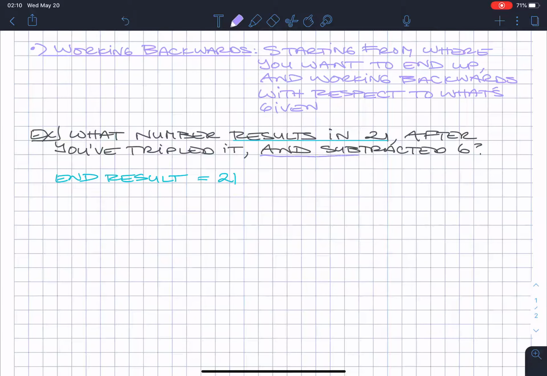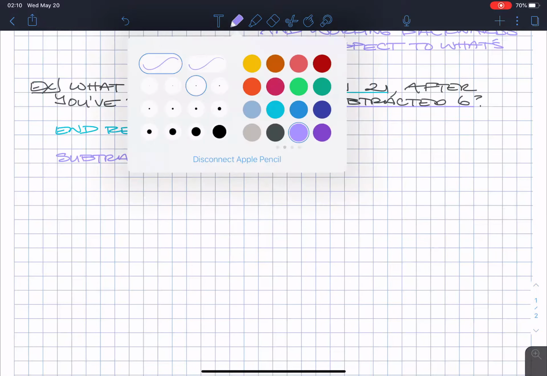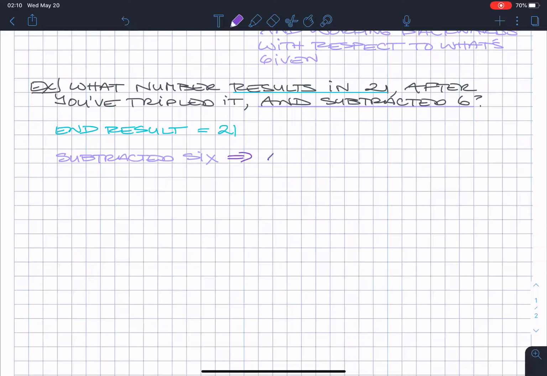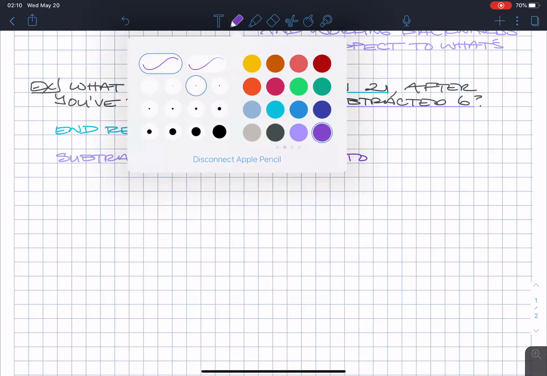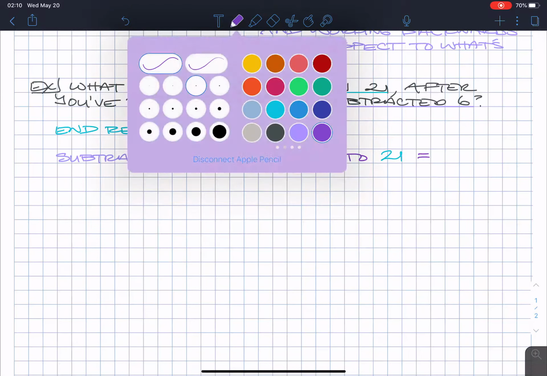After I've tripled it and subtracted 6, the final thing before I get to 21 is subtracted 6. So this means add 6 to 21, to go backwards, right? I'm working backwards. So that's going to be 28, right?